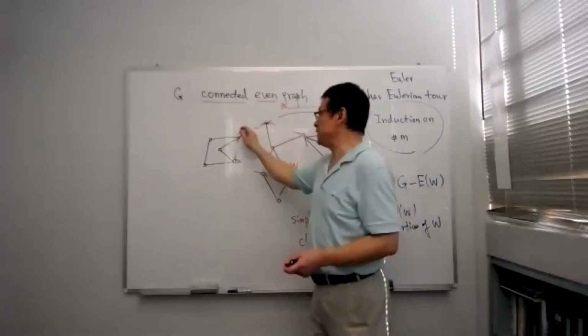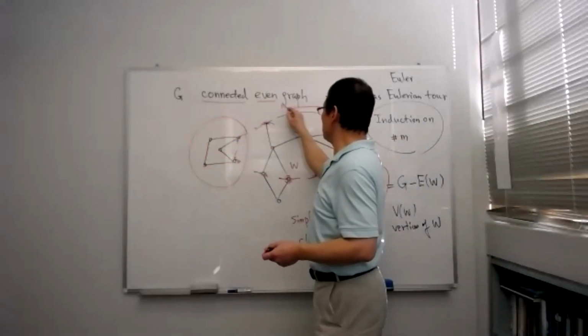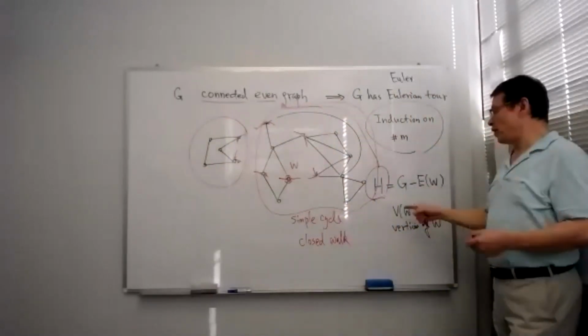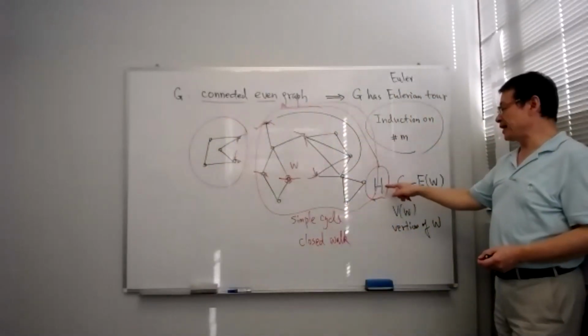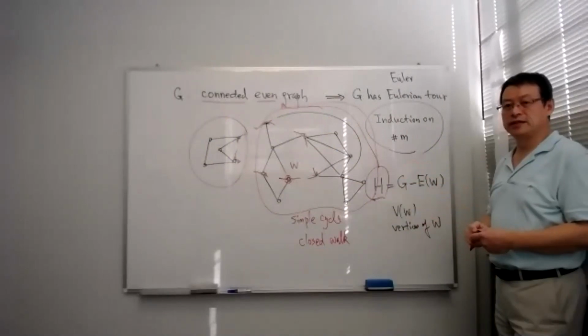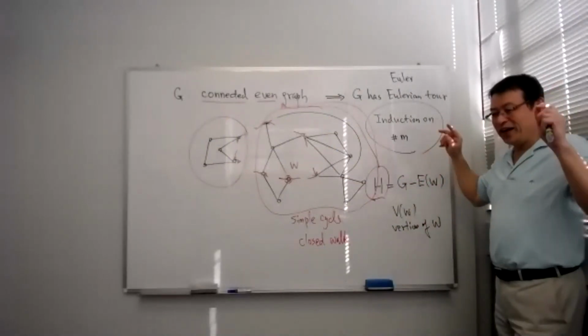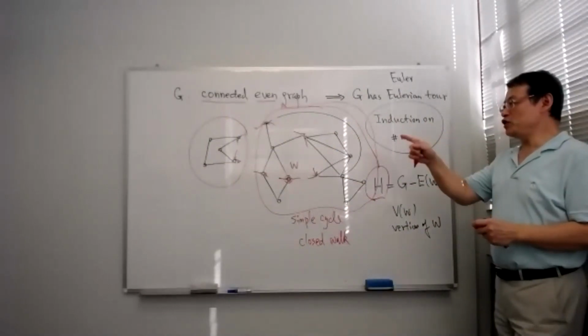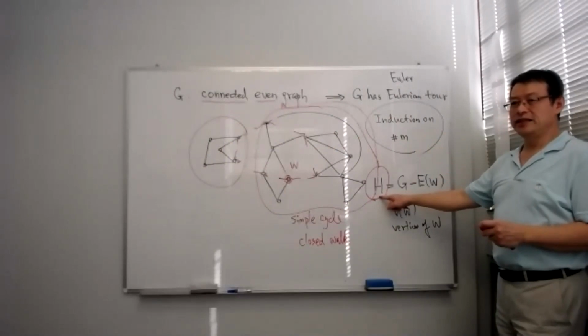In this case, I have two pieces, one piece here and one piece here. So I cannot use the induction hypothesis on H to say that H has an Eulerian tour. All right. However, each component of H is connected.